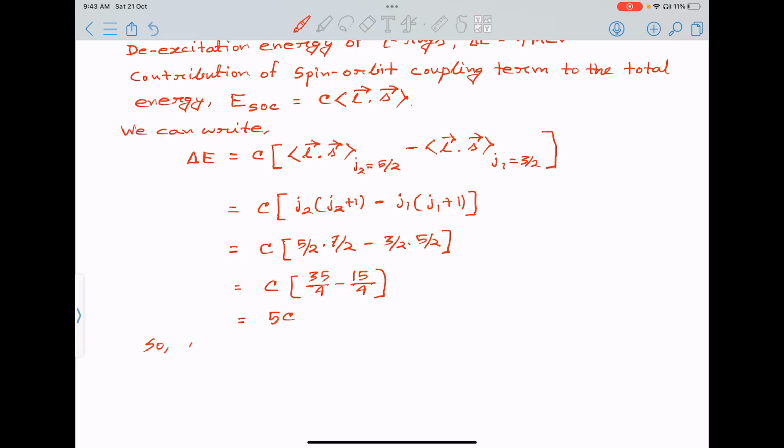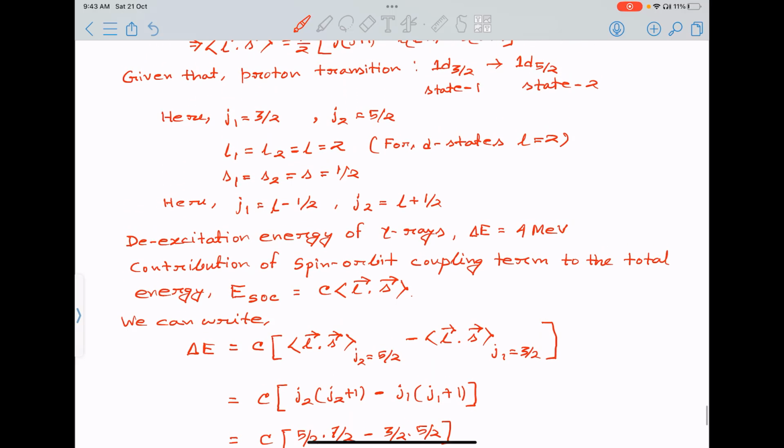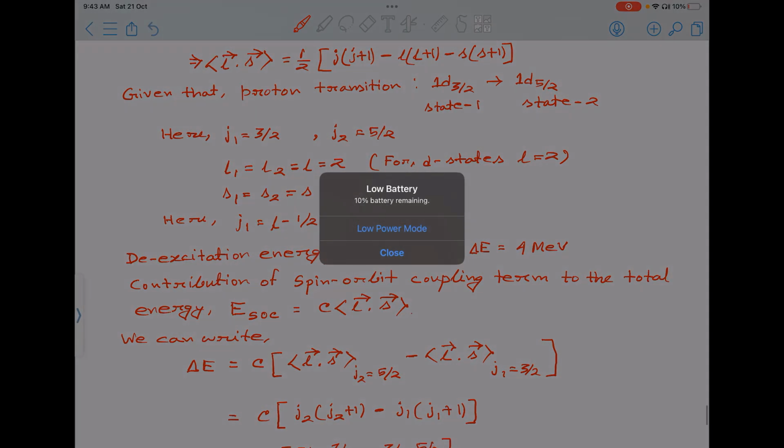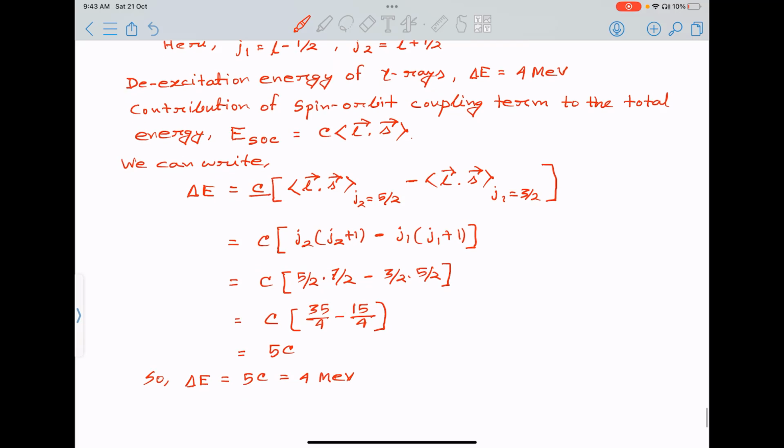So delta E equals 5C equals 4 MeV. Oh, there is a half, so it should be C by 2.